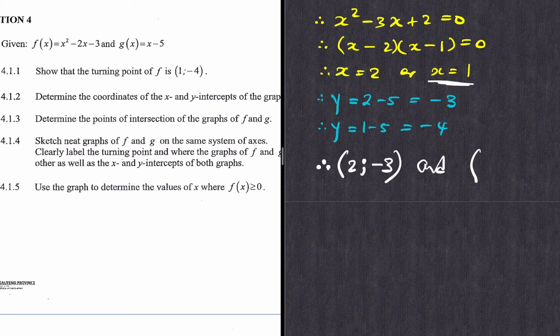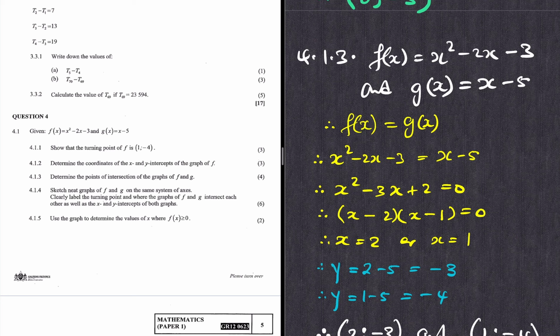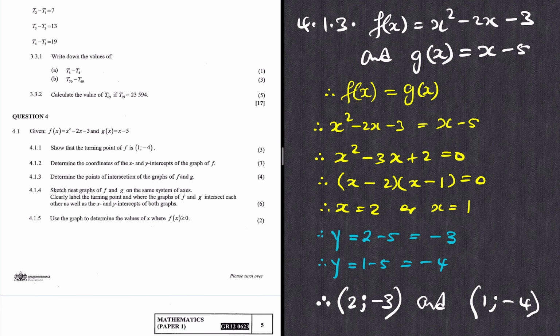When x is 1, it's going to correspond to a value of -4. So these are the points. I don't know how many marks they are giving you. 4 marks. Okay, so that's how you will solve it, and these are the points of intersection.